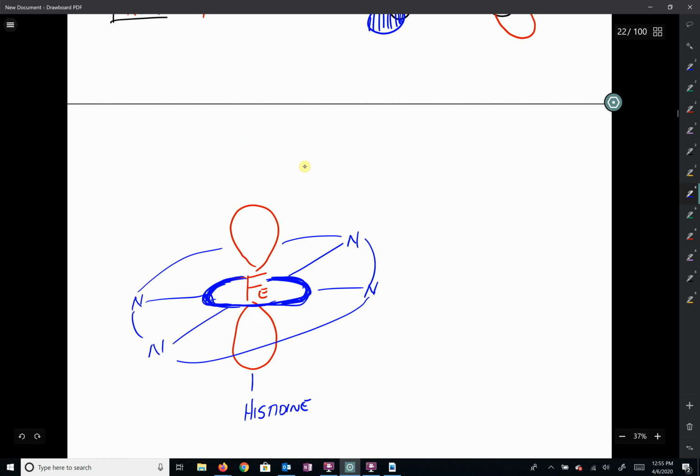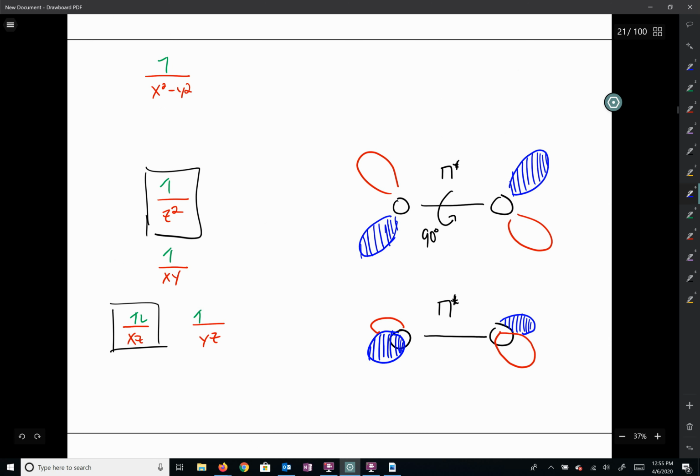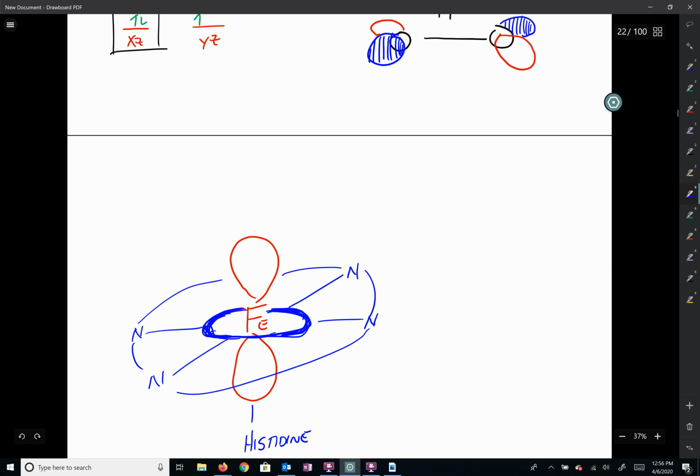So a lot of this is involved with the bonding. But remember, when we're dealing with the metal orbitals here, the dz squared is our anti-bonding orbital. But who cares? That's not that important. What is important is that we actually have an open lobe right here on our dz squared orbital.